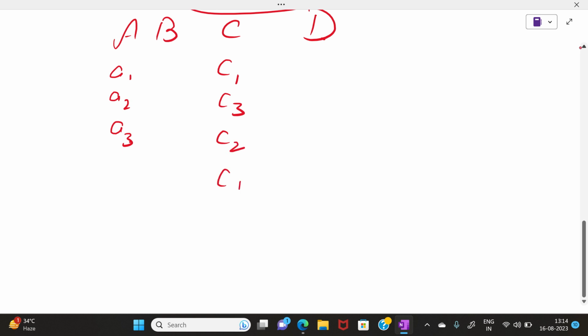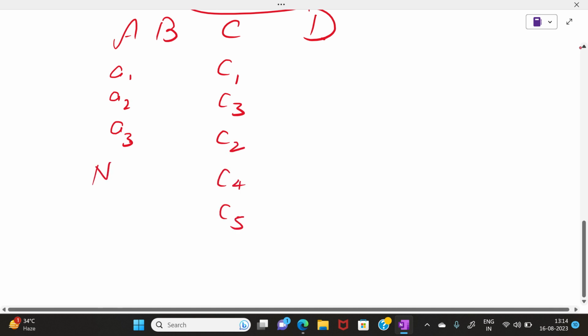Apart from that, we have C4 and C5. For those, we have null values for A. Similarly, we have the values of B. This will also be null, or maybe it accommodates some value. I don't know, so let's not consider this.